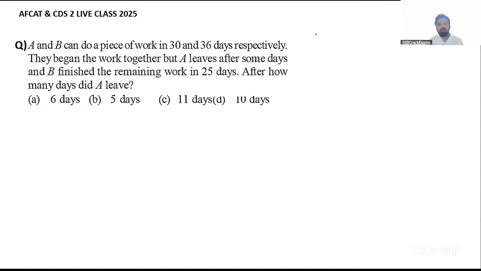I have given only one formula till now: M1 D1 H1 is equal to M2 D2 H2 when the work is the same. Otherwise I am not using any formula. I am just explaining by using the simple concept.